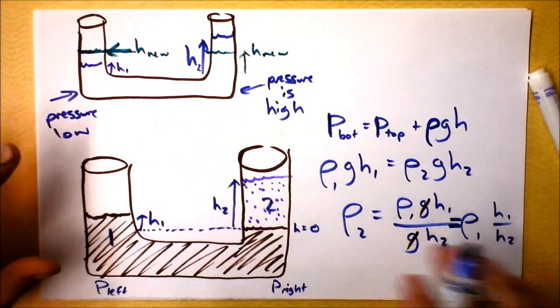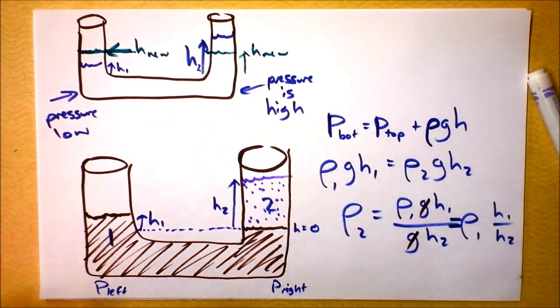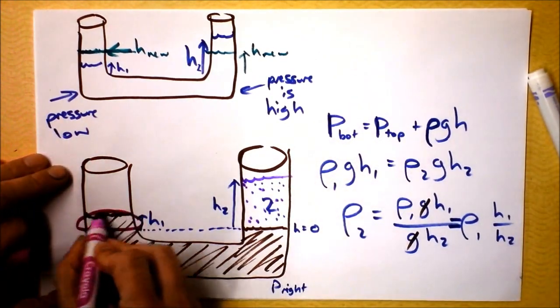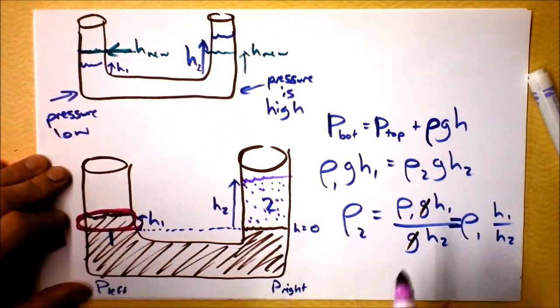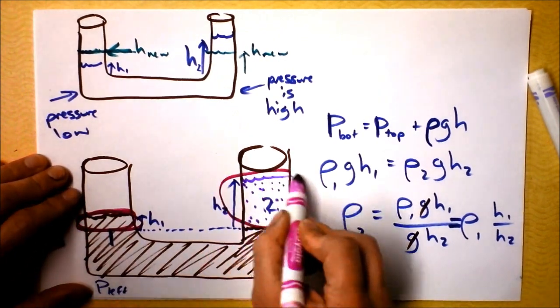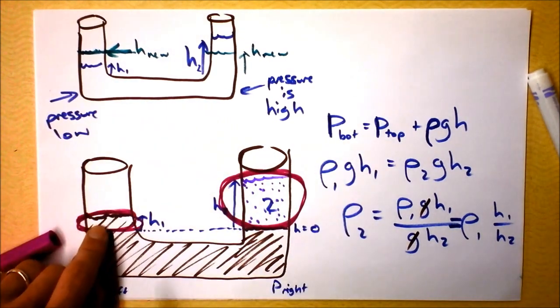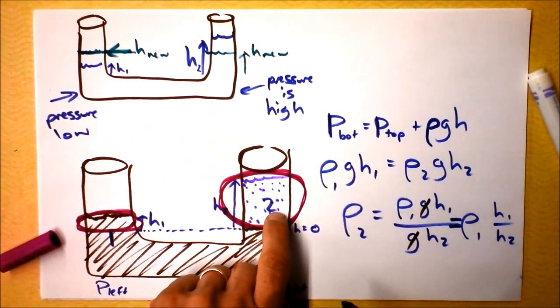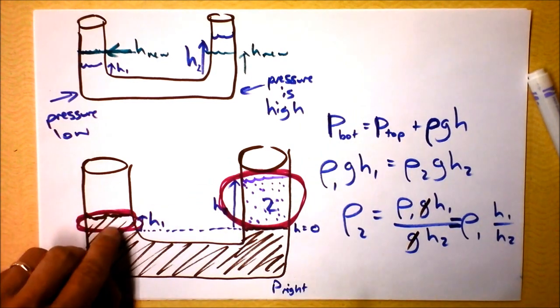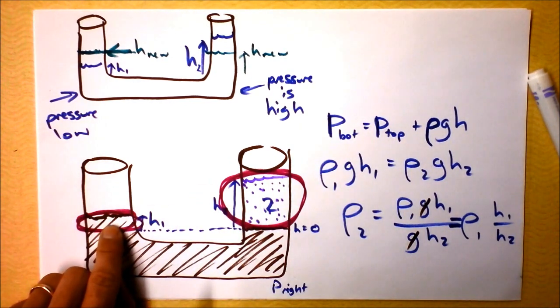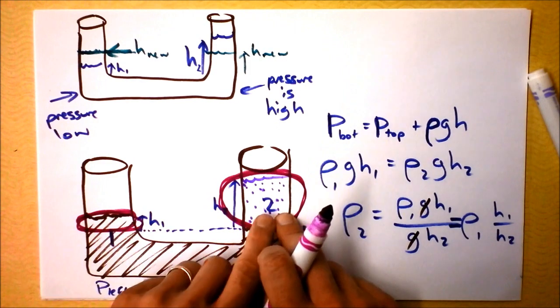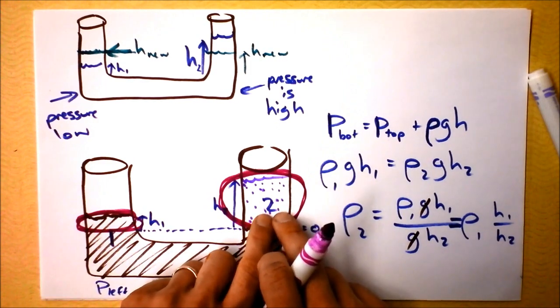Now let's consider another way of looking at this. This chunk of mass right here must be exactly equal to this chunk of mass right here. So if you found the volume and multiplied it by the density, this would also be the same.